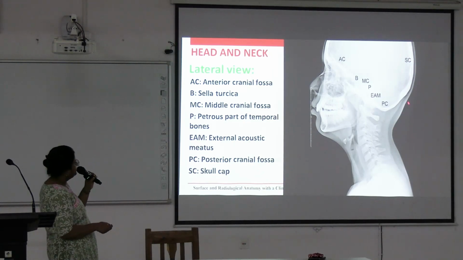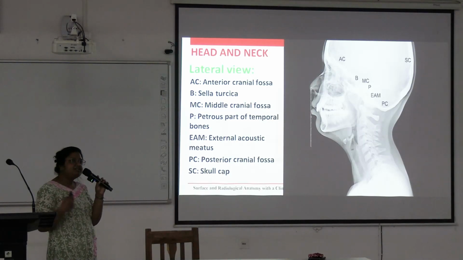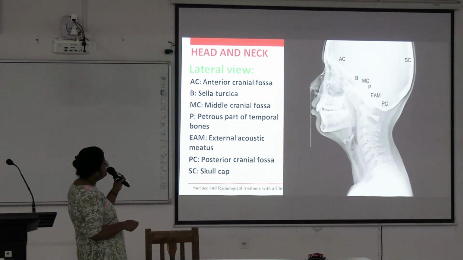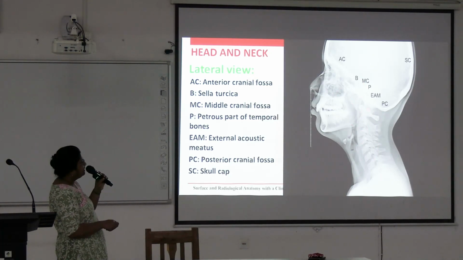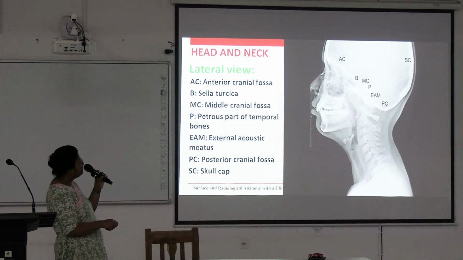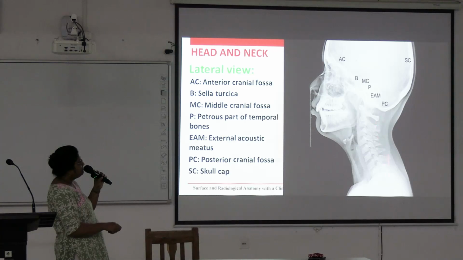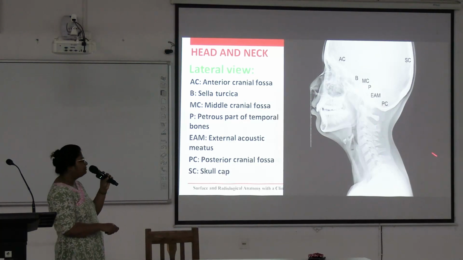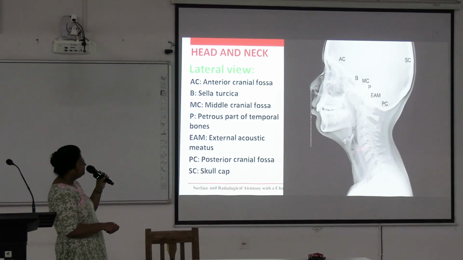Here you get the skull cap, the bones forming the vault of the skull. In this view you can also see the lateral view of the neck, the cervical vertebrae up to this region. This is the occipital bone. Here we get the atlas, the first cervical vertebra, then the axis. These are the spinous processes of the cervical vertebrae posteriorly and the bodies anteriorly, and between the bodies you see the intervertebral disc.